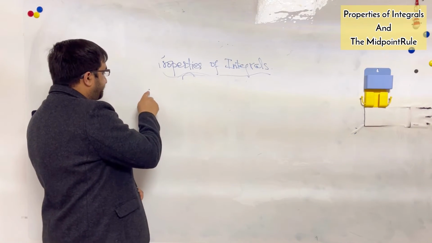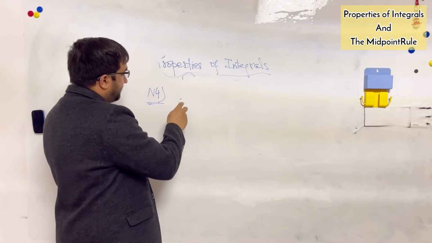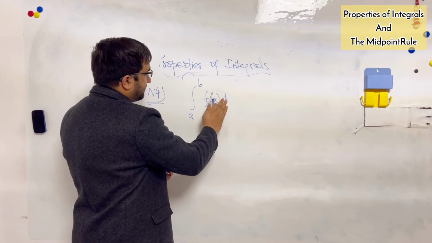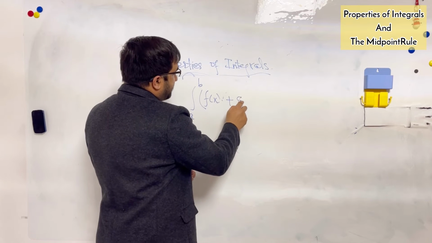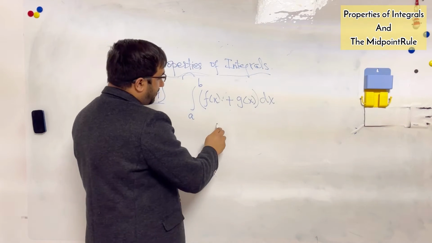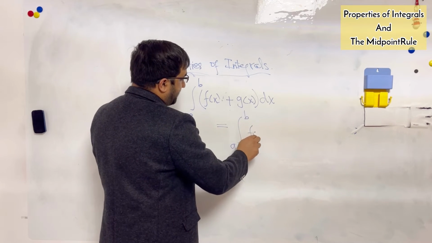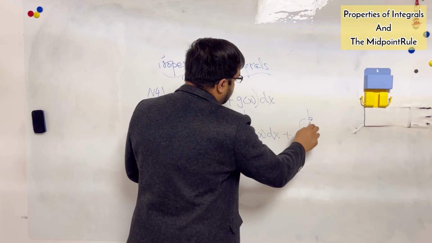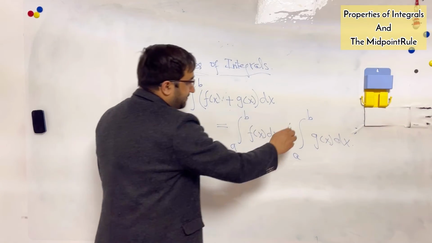N4 says, if you have an integral like this, a to b, a function f of x plus g of x into dx, then you can always split it: a to b f of x dx plus integral a to b g of x dx, and then you can solve them separately.